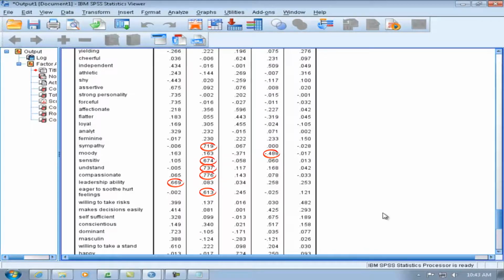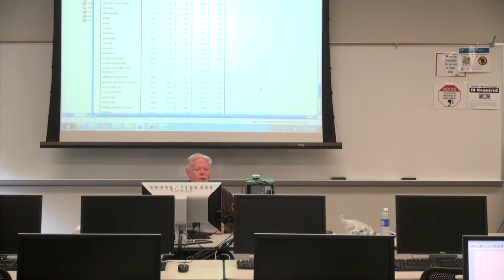Willingness to take risks, that would be what? Factor. But now we need to think about this a minute. Because see, it loads a 0.399 on factor 1. That'd be rounded up, that's a point what? I think, unless we desperately need an item on factor 5, we might want to cross it out. If you really need an item on factor 5, we may go back and save it and circle it and load it on factor 5.